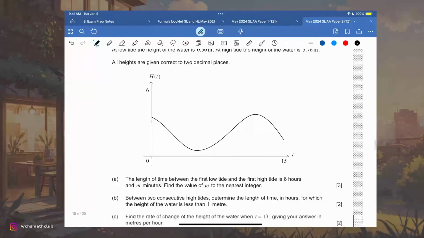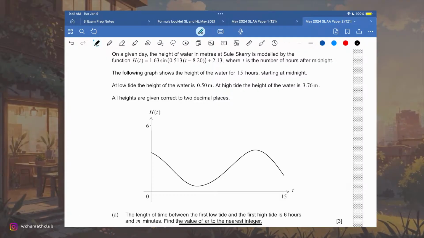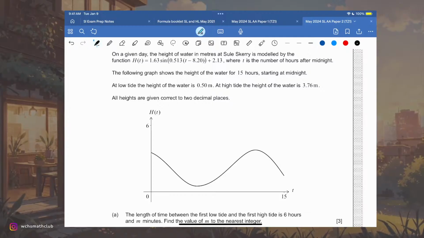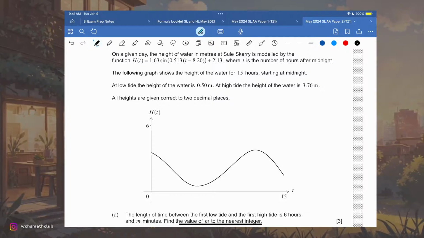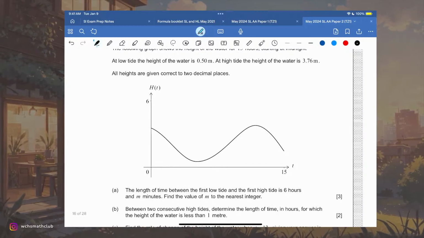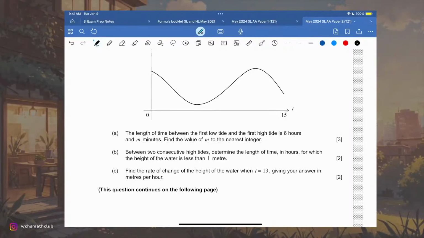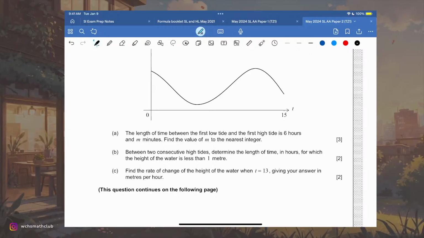The following graph shows the height of the water for 15 hours starting at midnight. At low tide, the height of the water is 0.50 meters, and at high tide, the height of the water is 3.76 meters, and all heights are given correct to 2 decimal places. Looking at A, the length of time between the first low tide and the first high tide is 6 hours and m minutes. Find the value of m to the nearest integer.